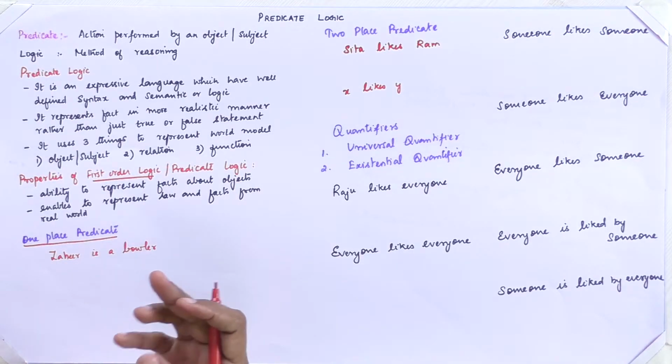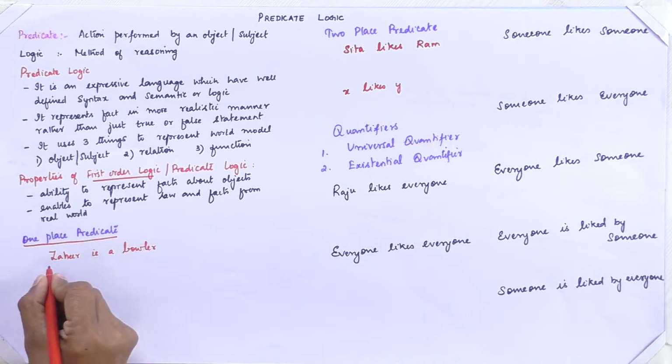For identifying the subject, we would have played a game in our school days: name, place, animal, thing. These are all called subject or object. And predicate means the action performed by the subject or an object. Now first we will identify the subject or object in this case.